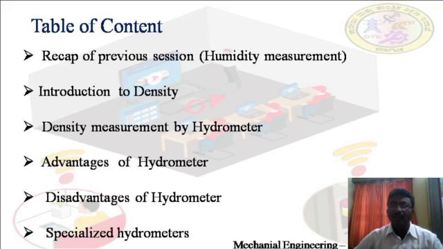Then the graduation mark on the stem of the hydrometer, which touches the surface of the liquid, is noted. This graduation mark correlates to the relative density of the liquid which is under measurement. That's how the density is measured by the hydrometer.